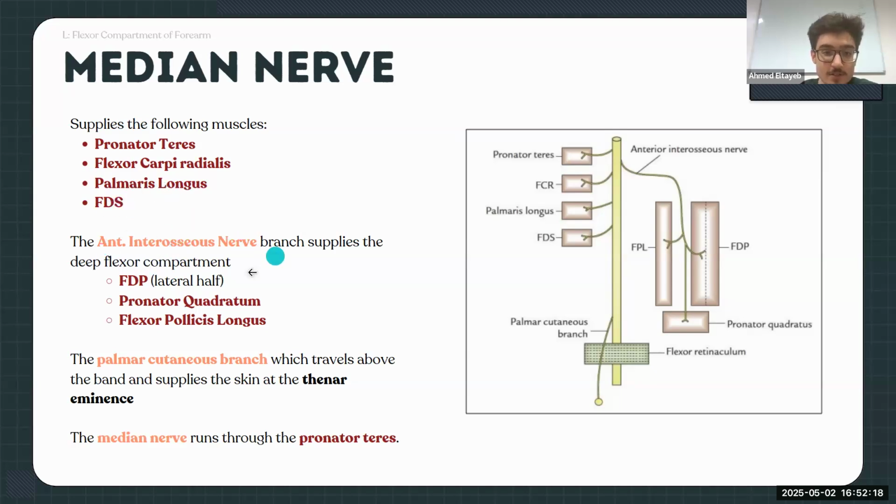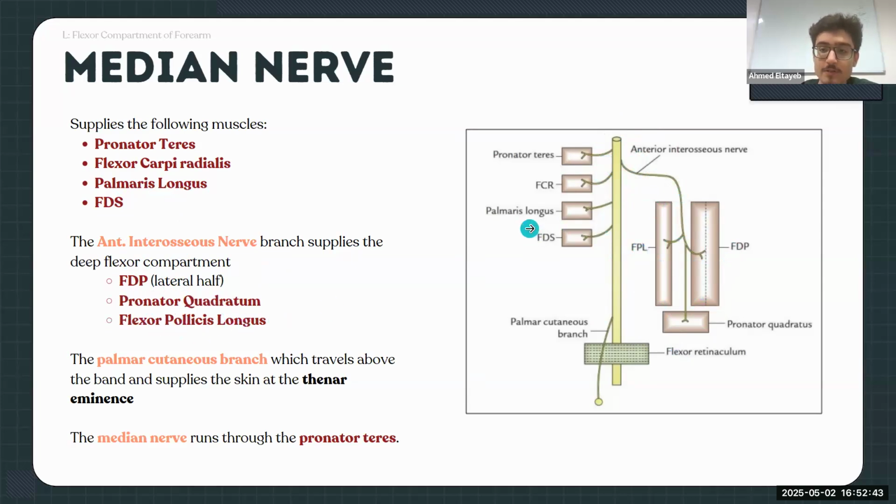The anterior interosseous nerve is a branch that comes out from the median nerve trunk, and it's going to give out branches to the deeper compartment. So we said half of flexor digitorum profundus, which is the lateral half, and we're also going to give out to pronator quadratus, and also to flexor pollicis longus.